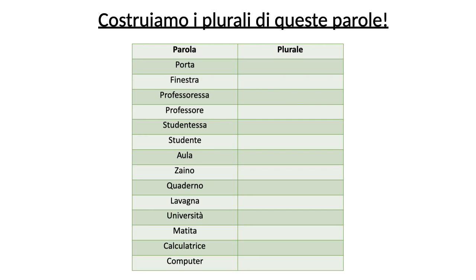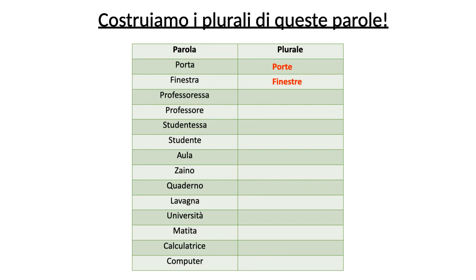So porta, that was actually one of the previous examples. Porta ends in A. What is the rule? The rule is A goes to E. So porta, porte. Okay. Prossima parola, finestra. A goes to E. Finestre.